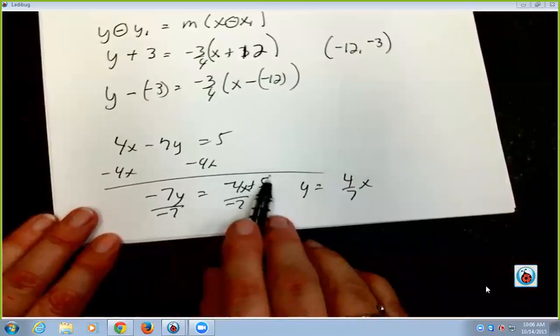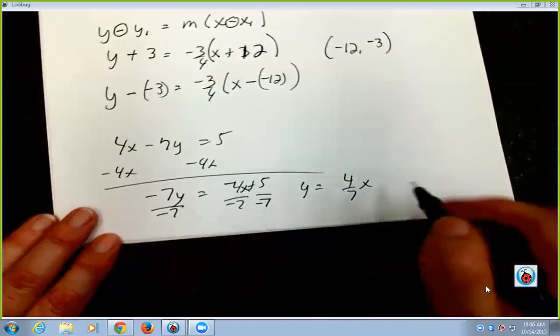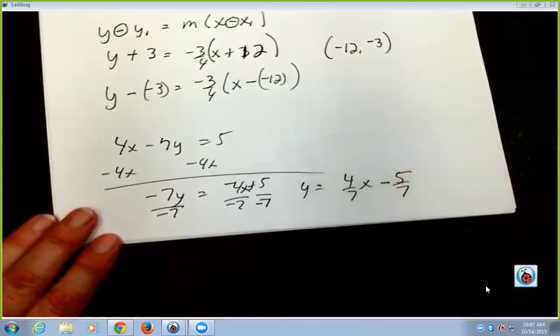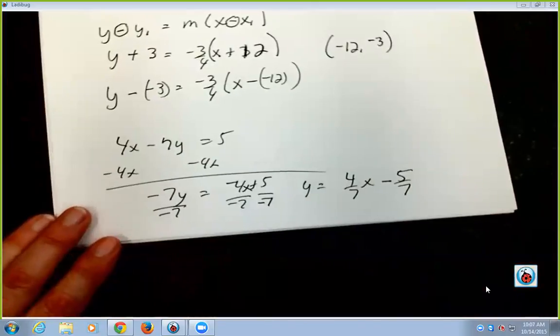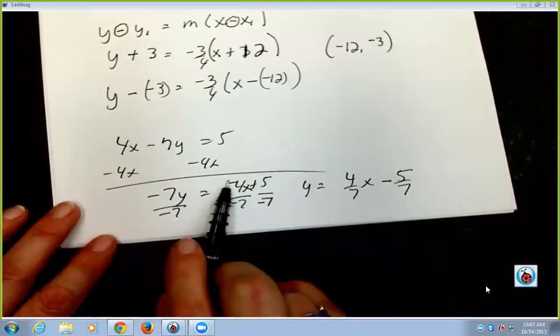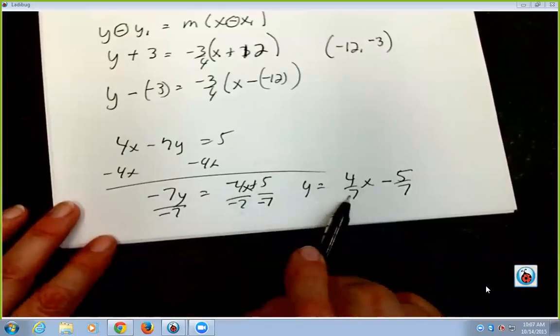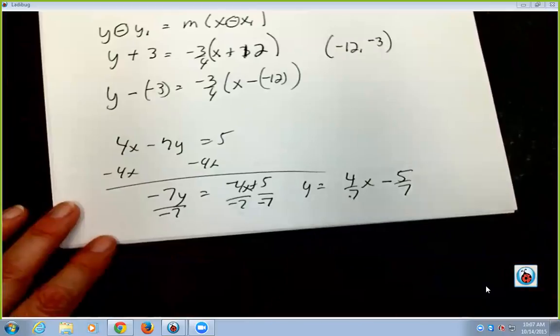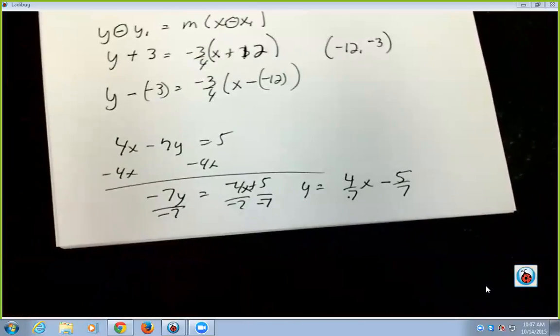Here, you've got a positive 5 divided by a negative 7, which is going to make it a negative 5/7. Going back to chapter 2, when we were doing negatives and dividing by negatives, it's probably something you just accidentally forgot, but you've got to be careful. So a negative divided by a negative makes it a positive. That's how they're getting that. So that should help you. That's the cure-all of all those. It's a sign thing, making sure you get your signs in the right spot.